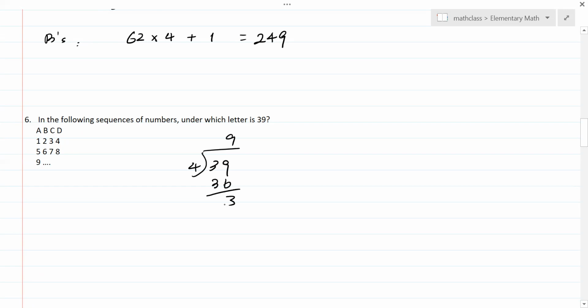The quotient is 9 and the remainder is 3. That means 39 is 9 blocks of 4 plus 3, so you have 9 complete rows plus 1 partial row.